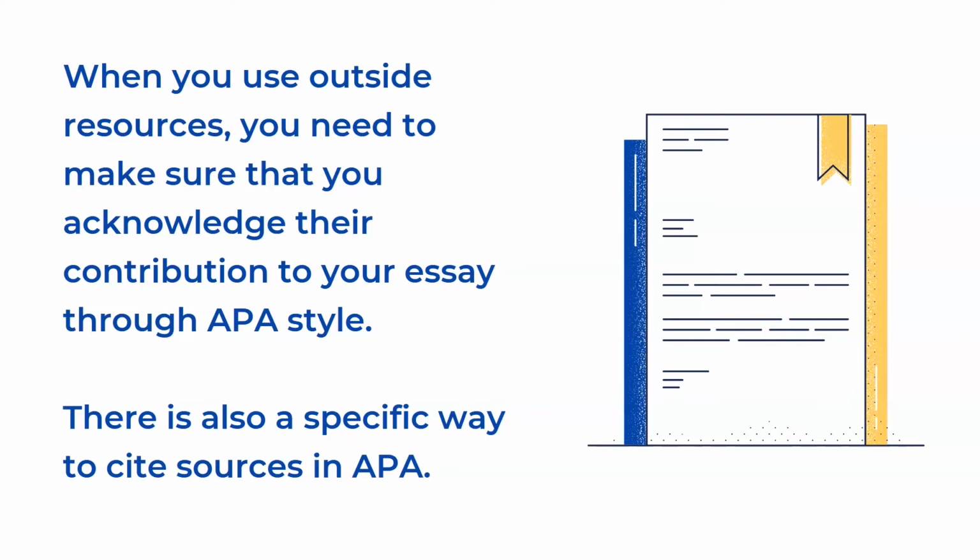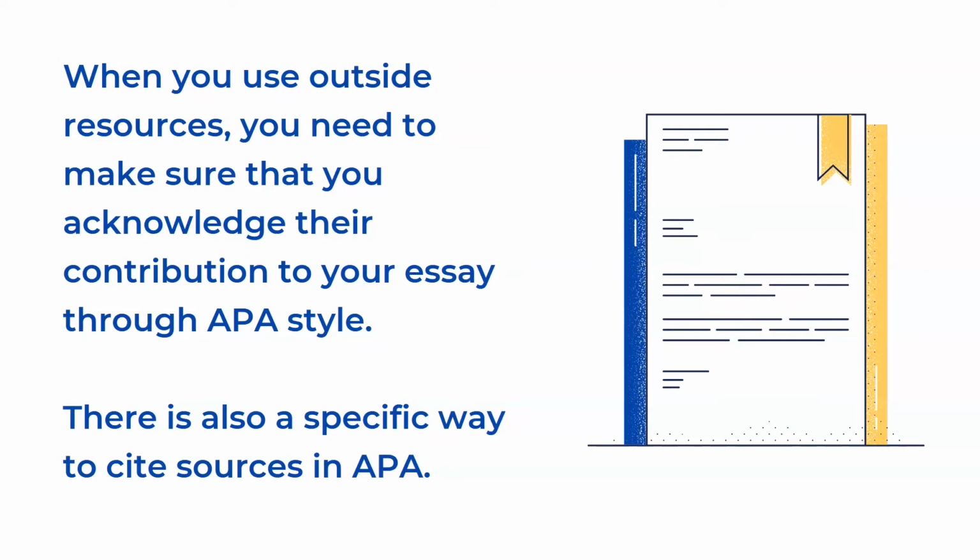As far as your research goes, the reason that APA style is important is we need to make sure that we're acknowledging people who've done the research before us. And the reason that's important is because that person or those people put a lot of work into the research that they've done or the writing they've done, and we need to make sure that we're giving them the respect that they deserve for the work they've done.